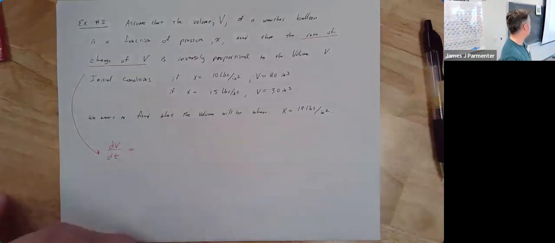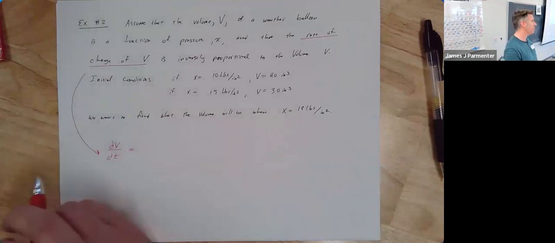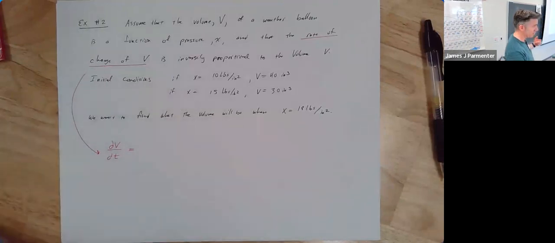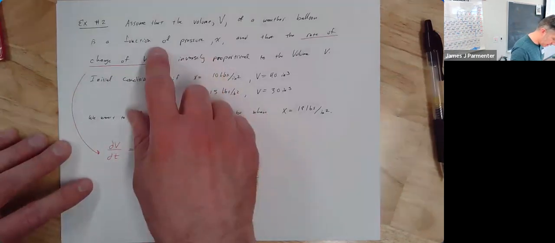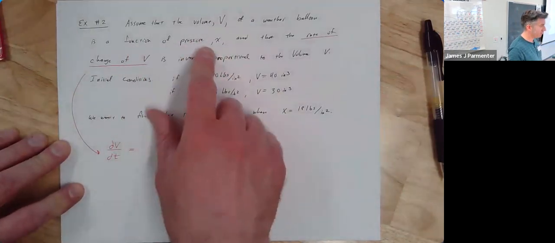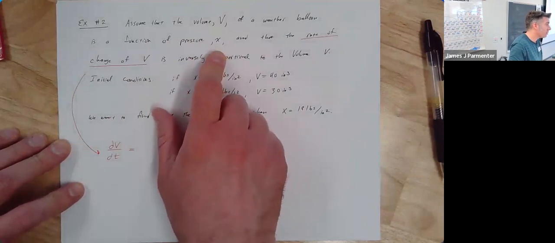So I made a mistake. It's an easy one to make though, because most of the time when we think about rate of change, we think about how something is changing as time is increasing. But I should have read the problem more carefully, because it says volume is a function of pressure, not time.